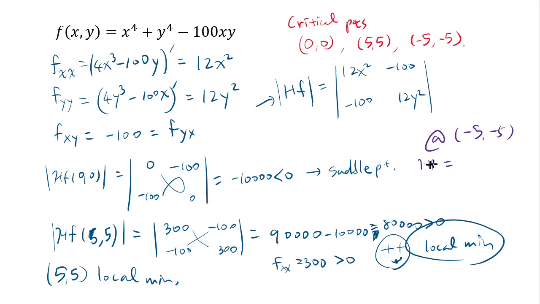So the Hessian of f would again be 80,000, and fxx is again 300. So we get negative 5, negative 5 being a local minimum also. So the answer is we have two local minimums, one at negative 5, negative 5, and 5, 5, and 0, 0 will be a saddle point.